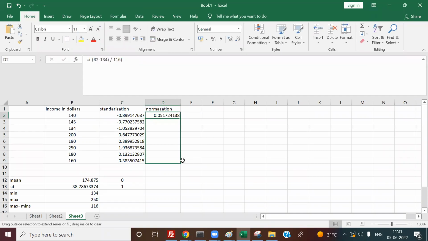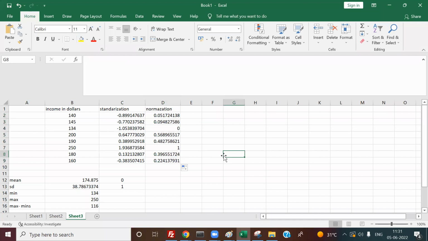And pull it over. Do you notice that all the values are within 0 and 1? None of the values is more than 1 and none of the values is less than 0.